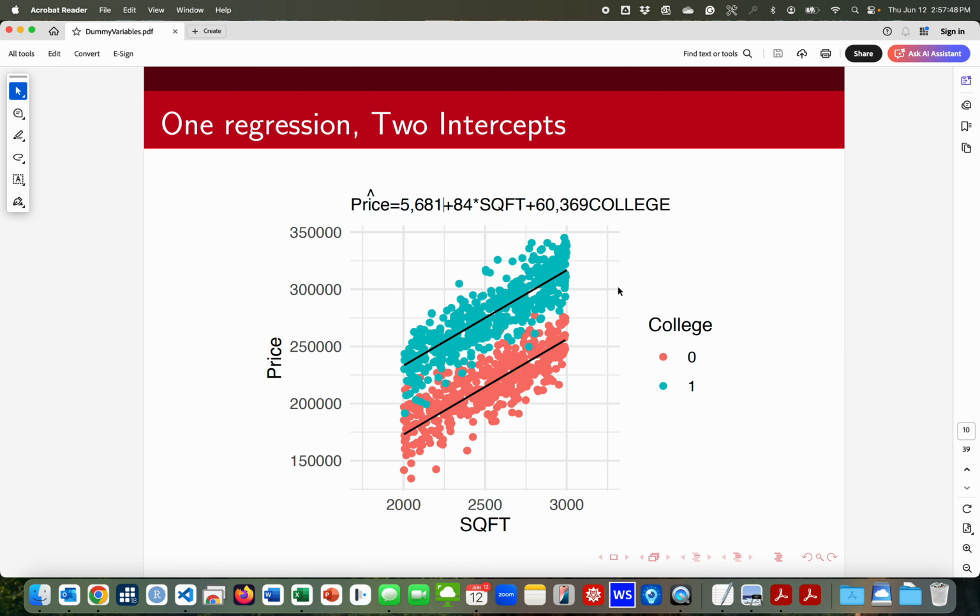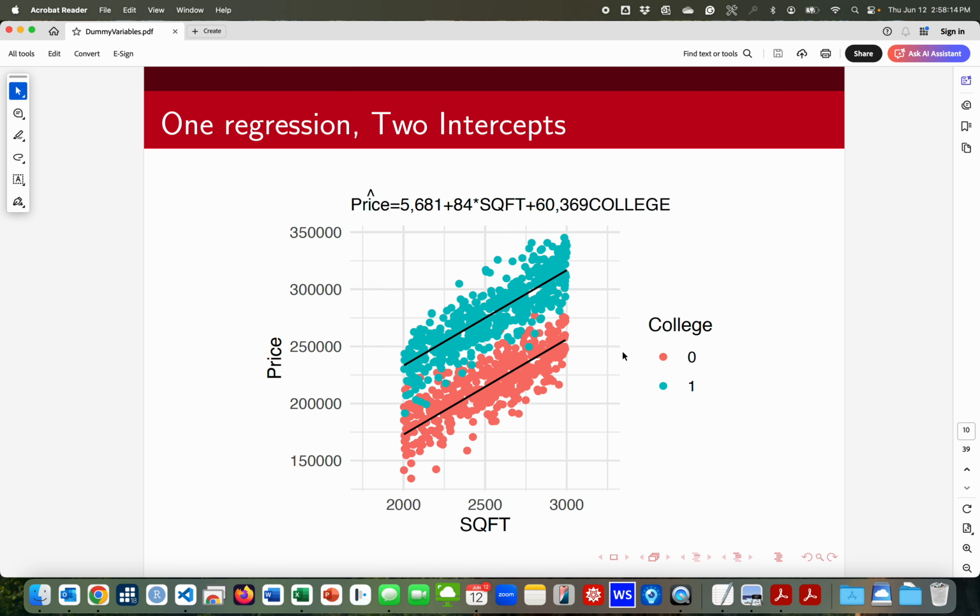That would be the intercept when we assume college equals 0. Now when college equals 1, we get 5,681 plus 84 times square foot plus 60,369 times 1. So our intercept for the college homes would be the 5,681 plus the 60,369. So when we're making predictions for homes in a college town, this line up here is the one that we would be using.